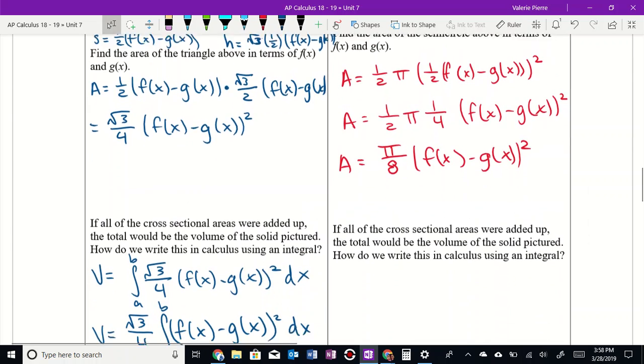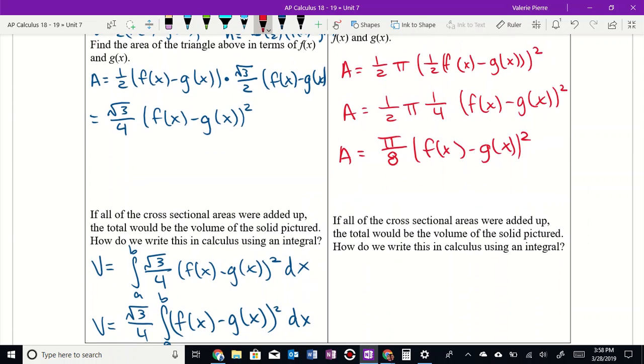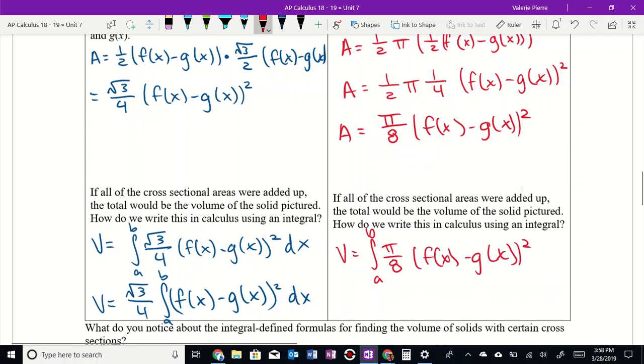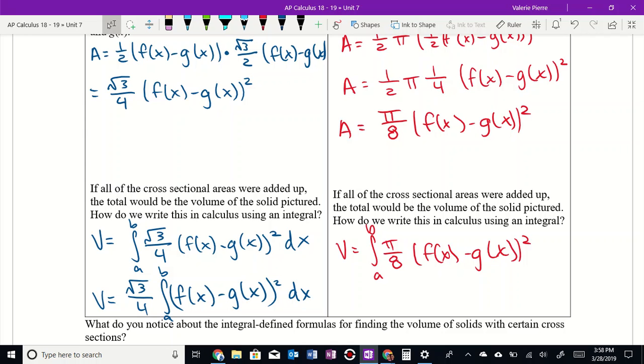So if we add up all of those areas, our volume equation would read the definite integral from a to b of pi over 8 f of x minus g of x squared. So we can simplify to pi over 8 times the definite integral from a to b of f of x minus g of x squared dx.